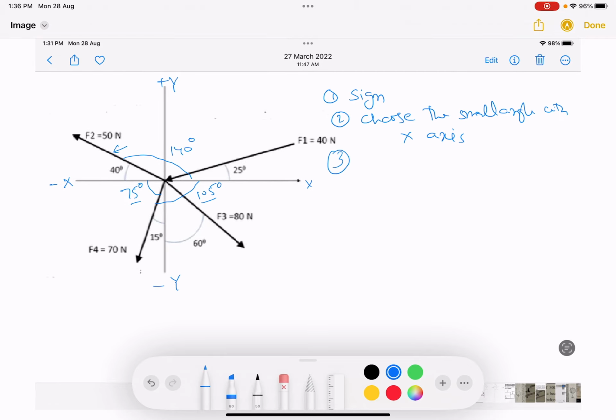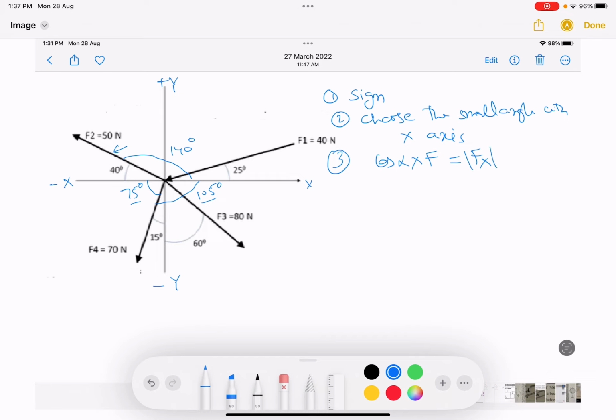Third is cos of that small angle, I'll call that small angle alpha, into the magnitude of force, that is F, whatever is the magnitude. That will give you the magnitude of Fx.